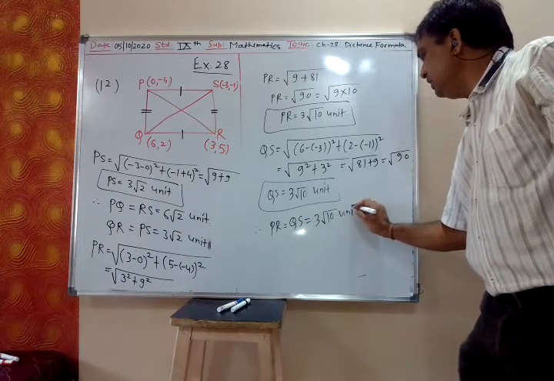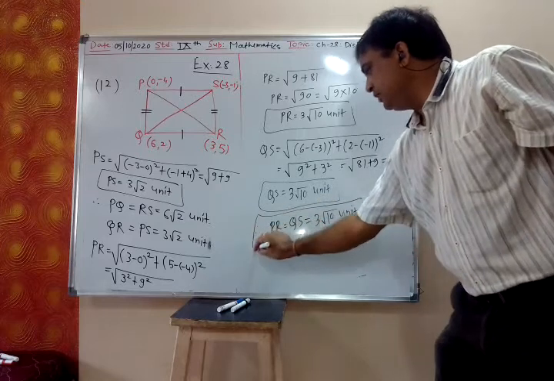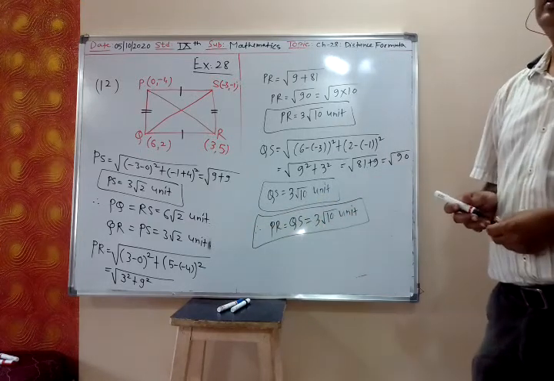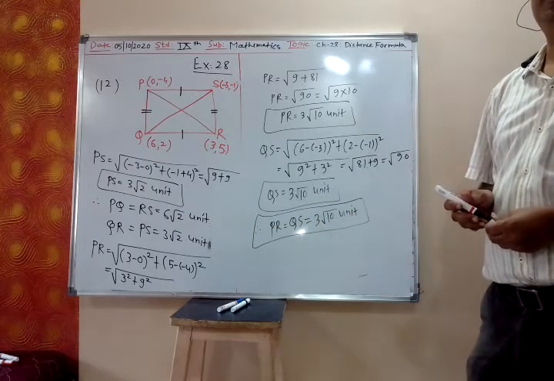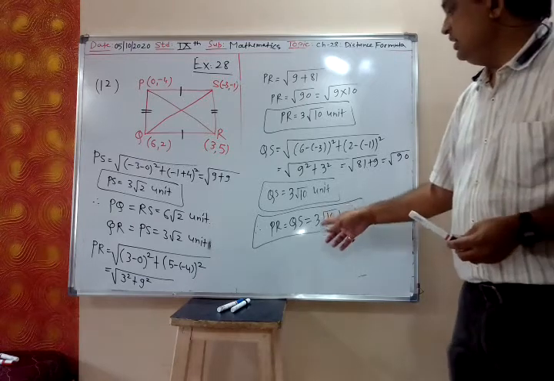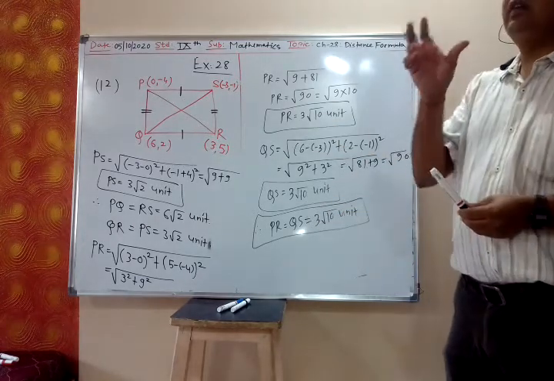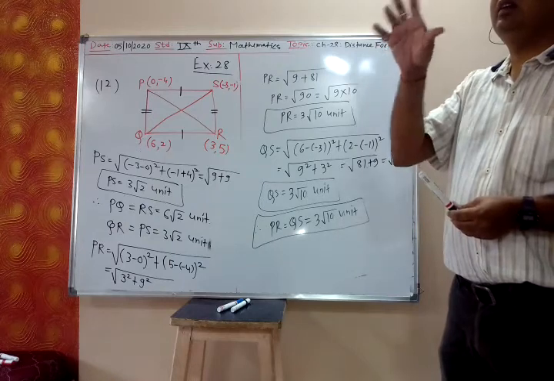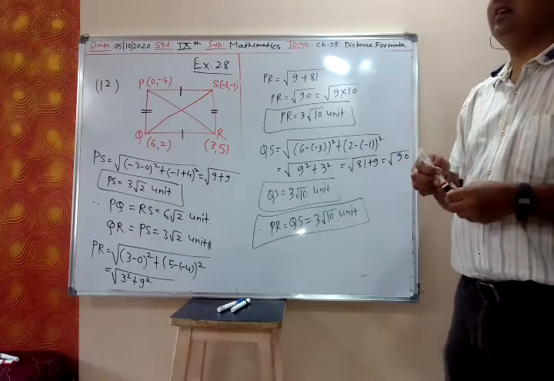So we have shown that the opposite sides are of equal length and the diagonals are also equal. So whenever the opposite sides are equal and the diagonals are equal, the given figure is a rectangle.